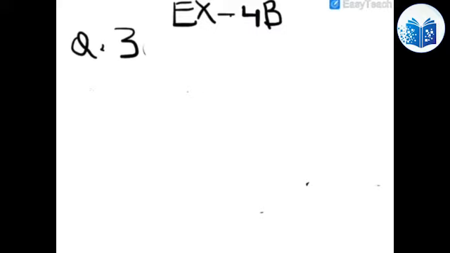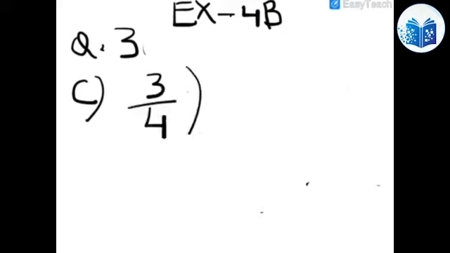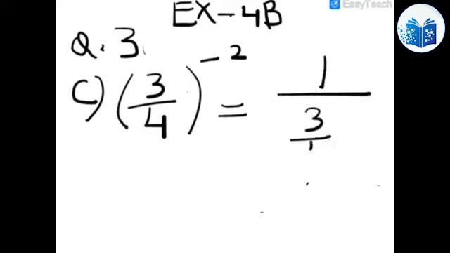And this D is quite simple, and it's quite similar to question number 3C. Question number 3C is 3 by 4 whole power minus 2. What will happen? We'll take this entire thing, 3 by 4 square, in the denominator, to remove this negative sign.